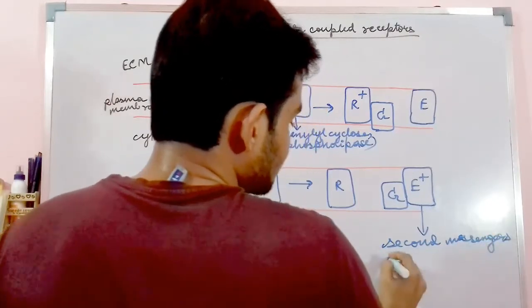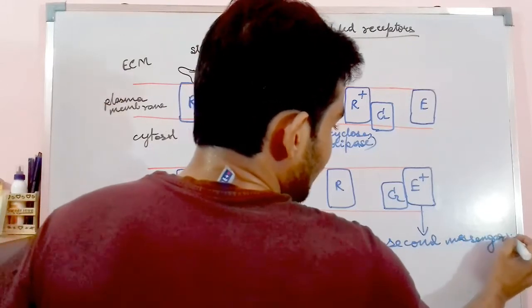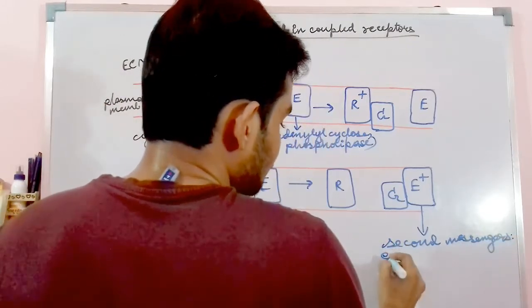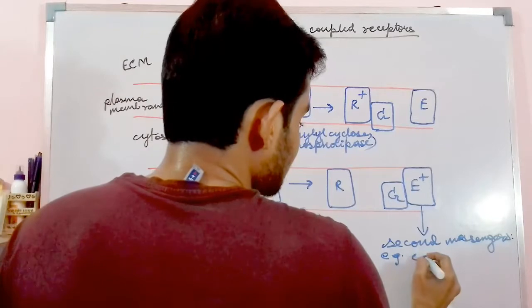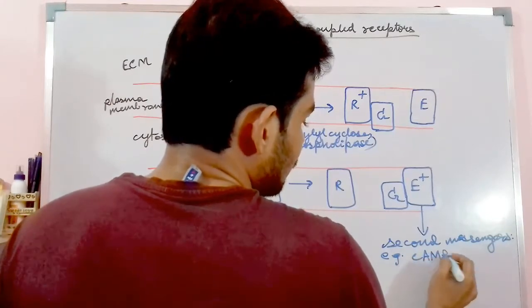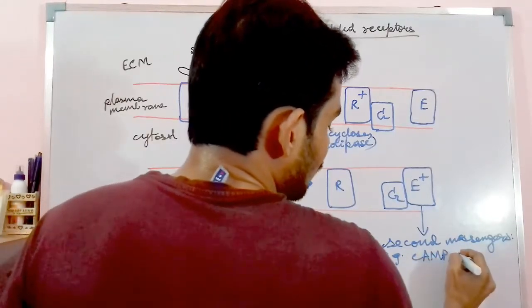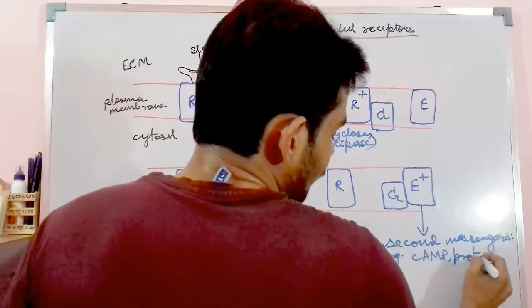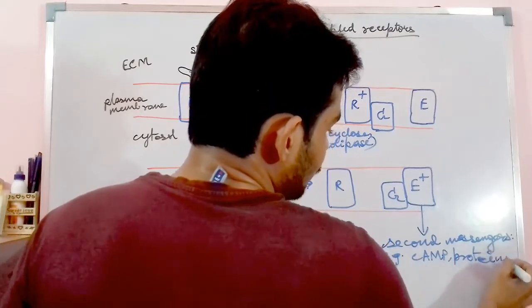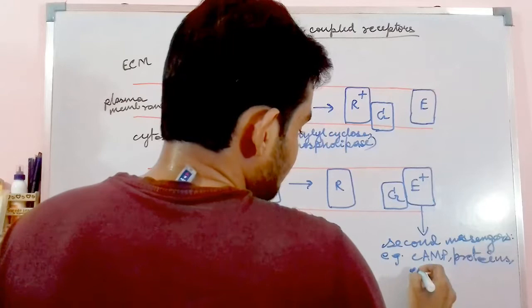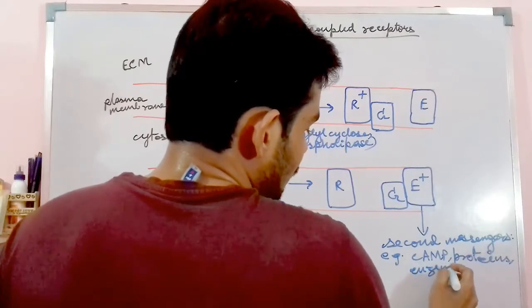The second messengers are commonly, for example, cyclic AMP, cAMP molecules, or other secondary protein molecules, or further enzymes.